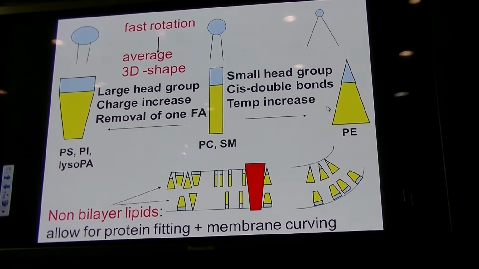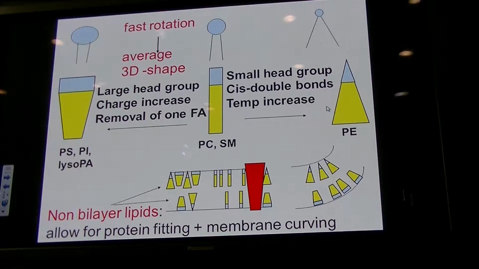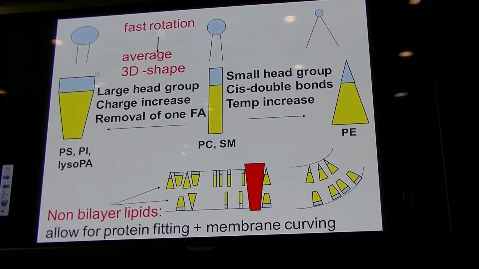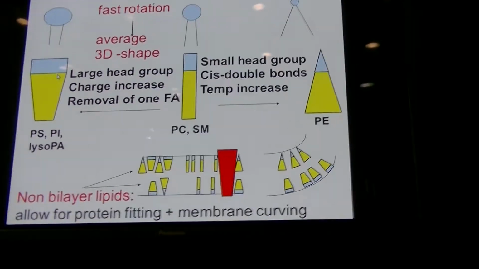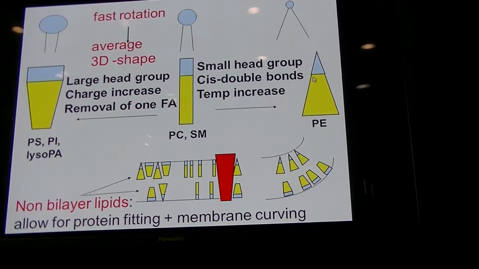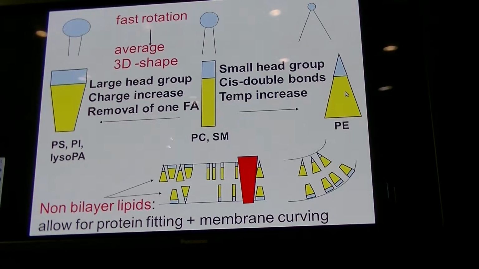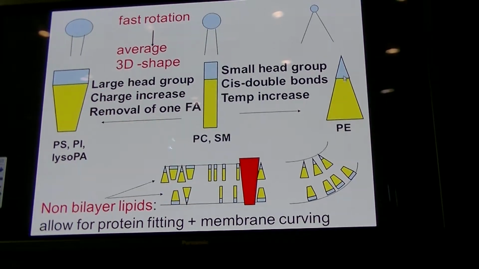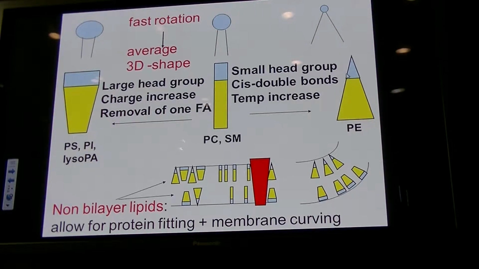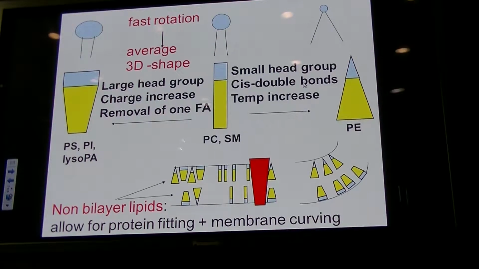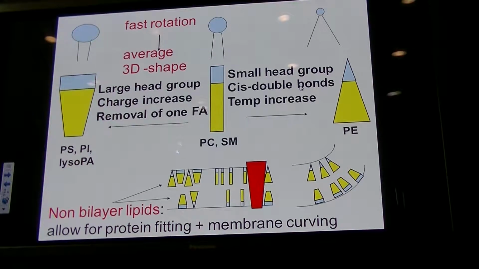And you would perhaps be surprised, but the most abundant type of lipid that we find in biological membranes is not the one in the center, but the one on the left, and especially here on the right. In E. coli, 80% of the phospholipids are phosphatidylethanolamine. They look like this. So you think, how does that make sense for making a membrane?